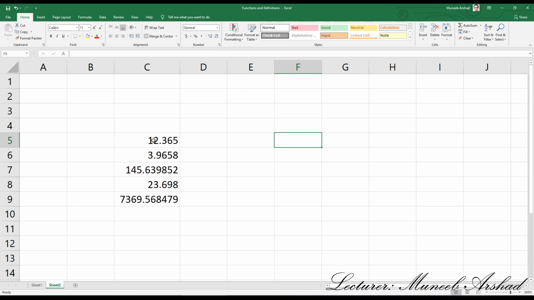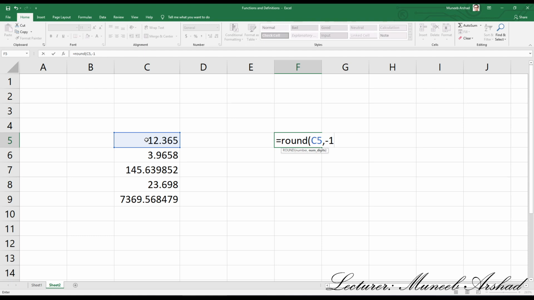Okay, so how do you deal with that situation? If that comes up, you put an equals to sign, you start off the function with ROUND, open up the bracket, you specify the number, and let's say it is to be nearest 10. For nearest 10, the number of digits you're going to put is minus 1.